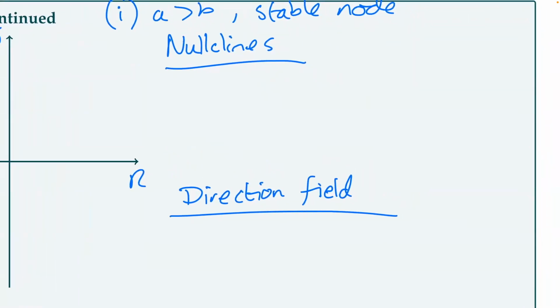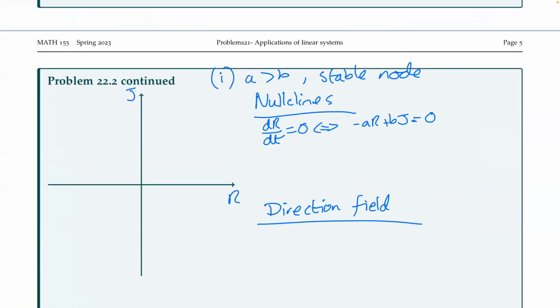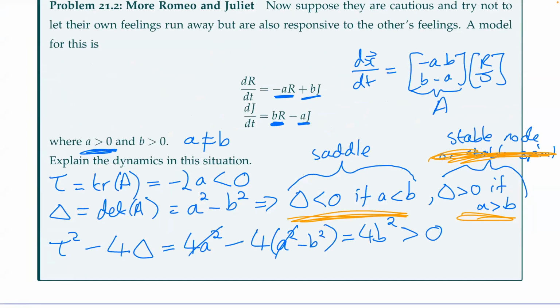the direction fields, okay? So our first null cline, dR/dt is equal to 0. That requires minus AR plus BJ to be equal to 0. All this is doing is it's coming from this equation up here.